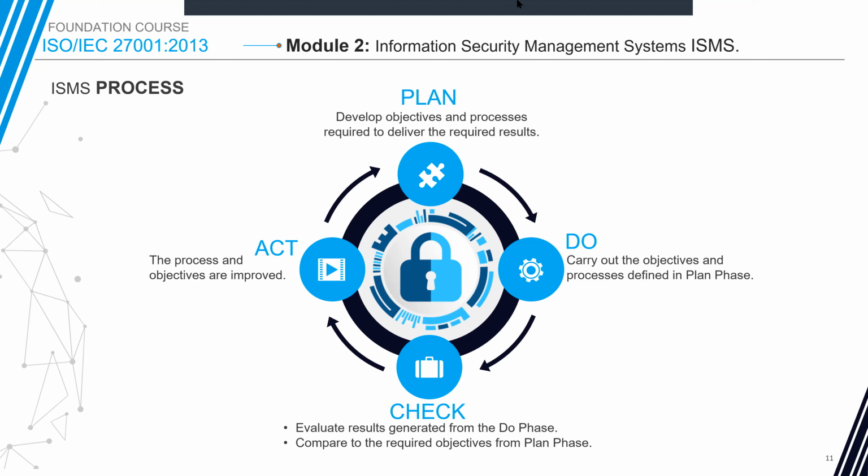You have to make a gap analysis between the results you got from the do phase and the required results from the plan phase, and check what the gap is and how you can improve these results to cover all the required results created in the plan phase. Is it clear? Any questions?